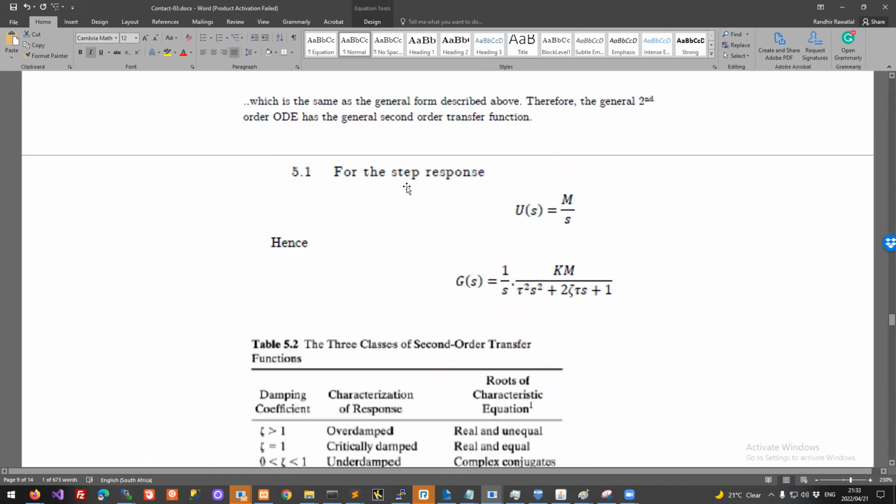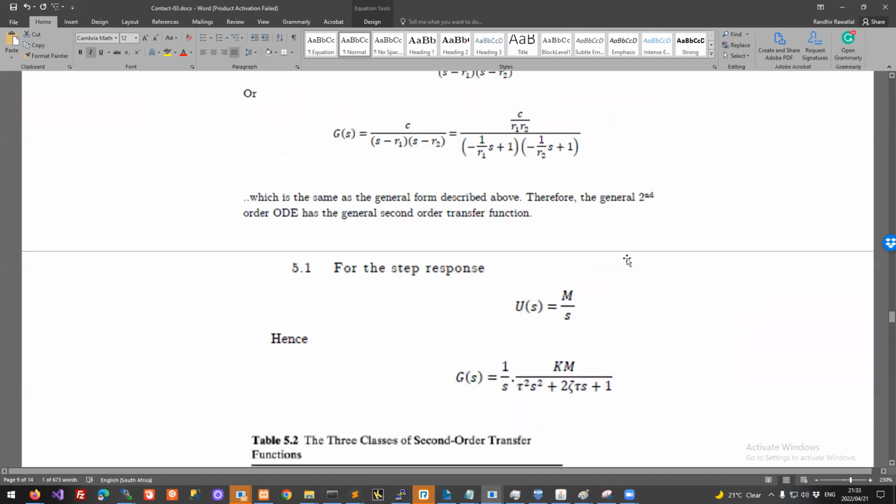So if we apply a step input, U looks like this. Our overall process looks like this: we've just moved the M across here, and it's still 1 over S times this stuff. By the way, this looks a little bit different.